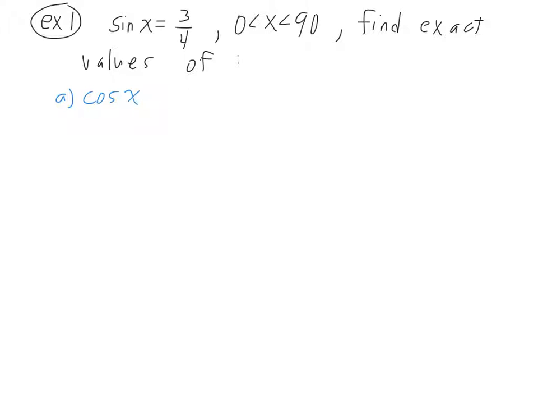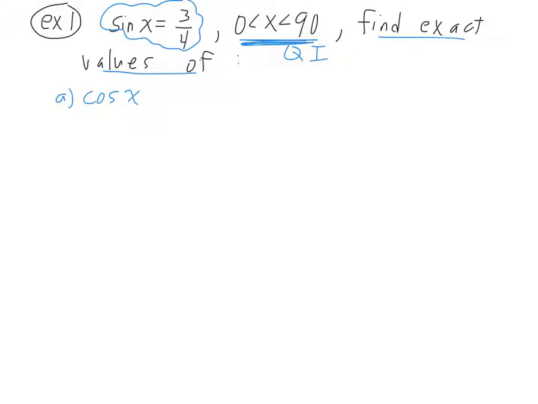Okay, in this example we are looking to find exact values of a few things. The first thing is the cosine of x, and we are told that the sine of x is 3 over 4, and our angle x is between 0 and 90 degrees, so that means of course we are in quadrant number 1. So if we're going to find the cosine of x, understand there's a couple different ways of approaching this.